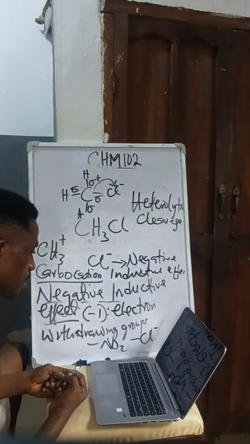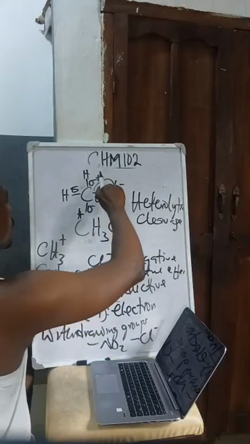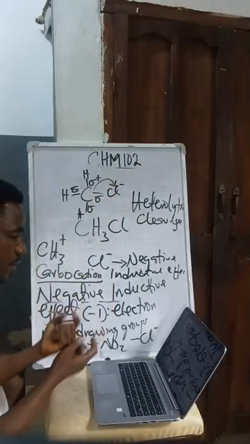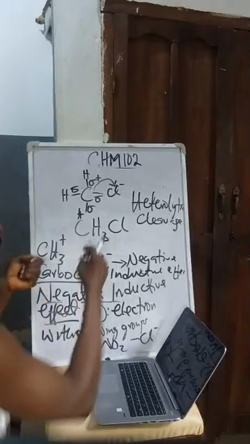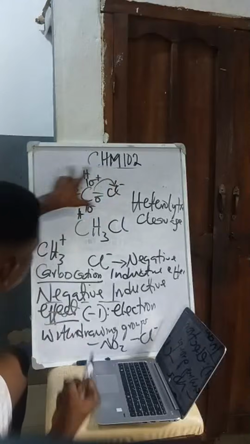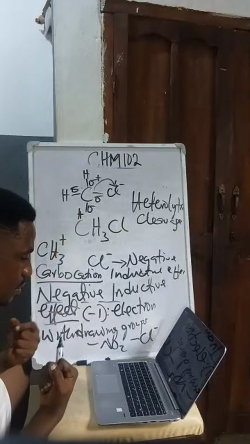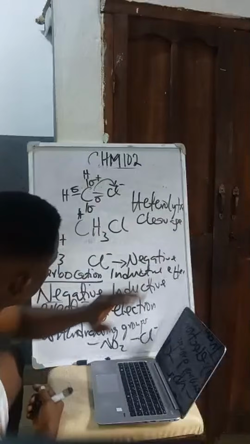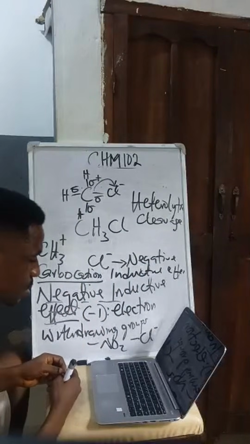Are you getting it now? So it has given out the electron it had to chlorine. And chlorine has withdrawn its electron from the molecule, taking away the electron it gave before.